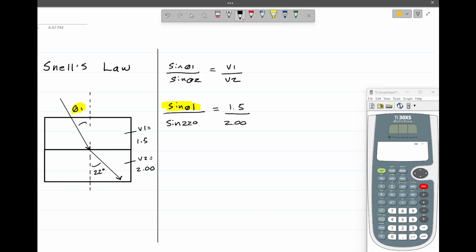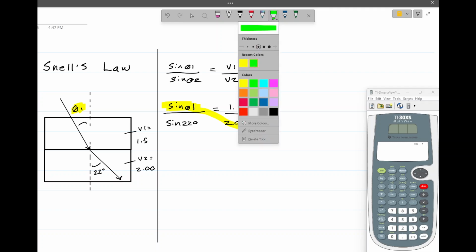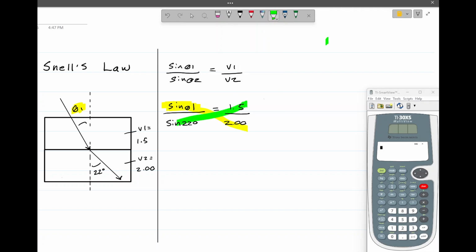The next step is to cross multiply. So I'm going to multiply this by this, and then this by this. And when I do that, what I end up with is 2 times the sine of theta 1 equals 1.5 times the sine of 22 degrees.